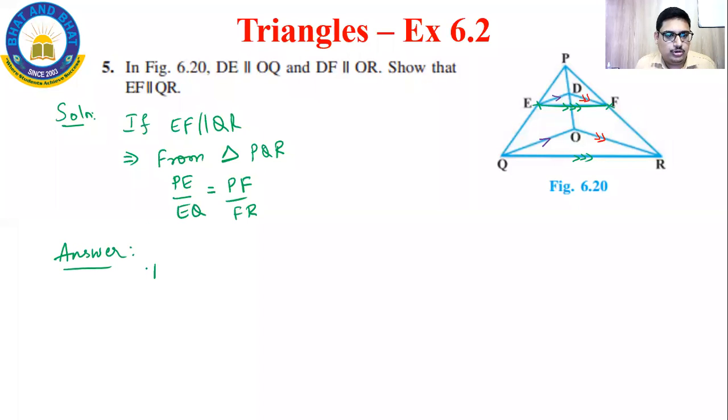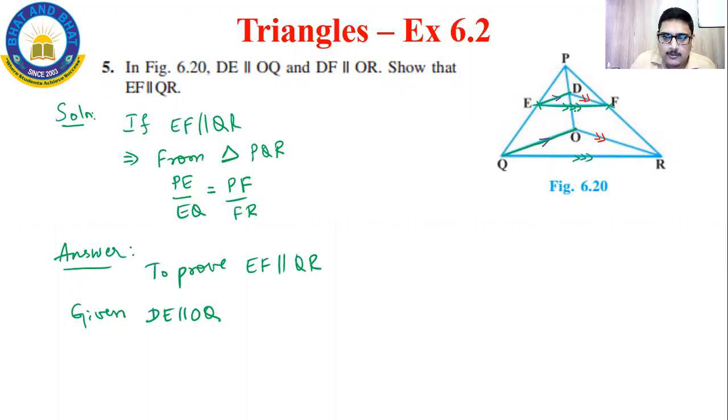What do I have to prove? I have to prove EF is parallel to QR. So how do I do that? The solution is very simple. The first part is given. What is given to me? I have been told that DE is parallel to OQ. DE is present here, OQ is present here. So which triangle should I consider?